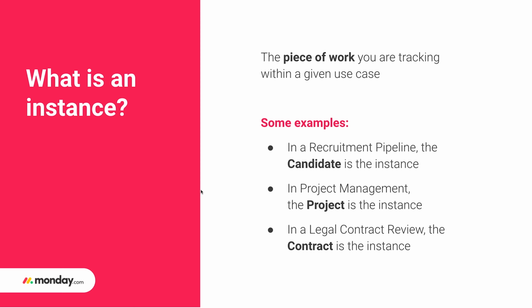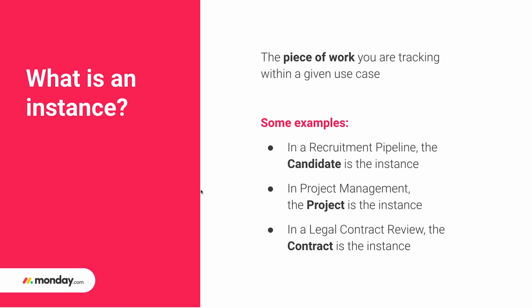But let me give you a few examples of what an instance is within a category of a use case. So recruitment pipeline, right, that I just mentioned. The instance within a recruitment pipeline would be the candidate, right? Because that's what you're tracking. The candidate comes in, you review the candidate's resume, you interview the candidate, they get an offer, right? So they are the piece of work that is going from undone to done.